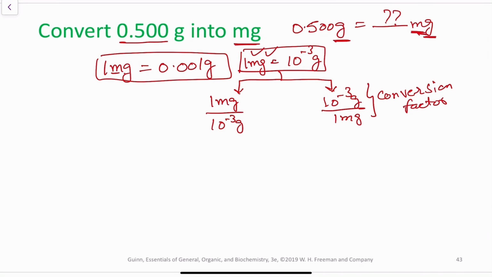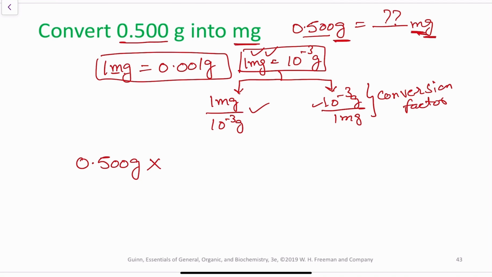So now let's get back to the problem. I have 0.500 grams, multiply. Now we have to see, out of the two conversion factors that I have, which conversion factor I have to use to solve this problem.